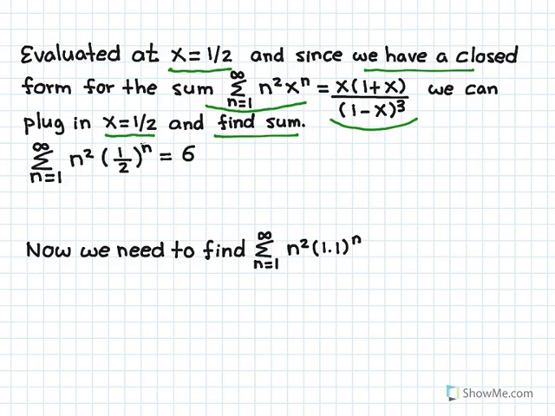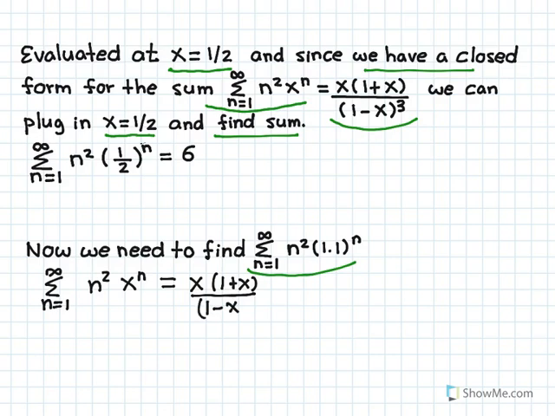All right, now let's find the sum of the summation n equals 1 to infinity of n squared times 1.1 to the power of n. So the power series that we found was the summation n equals 1 to infinity of n squared x to the power of n is equal to x times (1 plus x) divided by (1 minus x) to the power of 3.